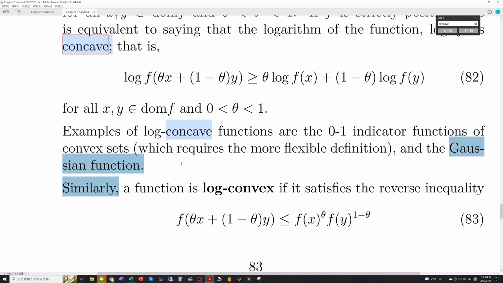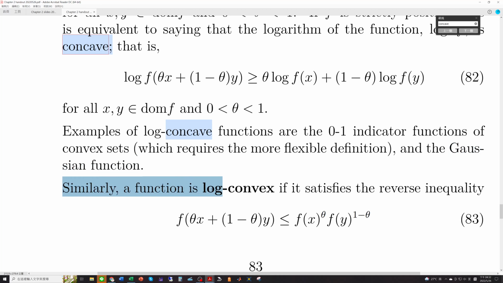Because of the time limitation, I do not plan to introduce what the 0, 1 indicator function is. If you still want to know, you can write an email to me and I will tell you. What is the Gaussian function? Because of the time limitation, I do not plan to introduce it here. However, if you still want to know, please send an email to me and I will answer you.